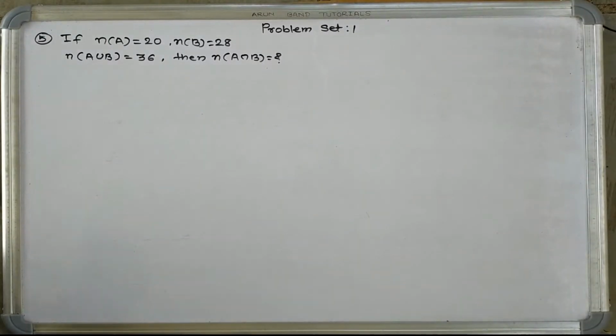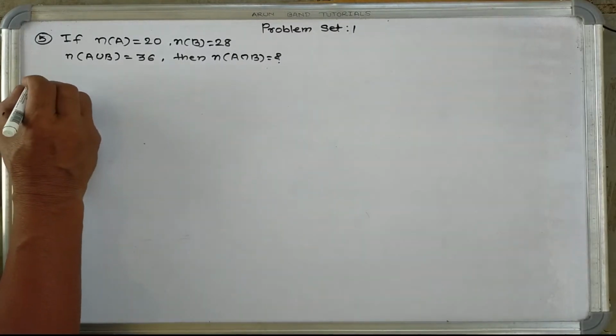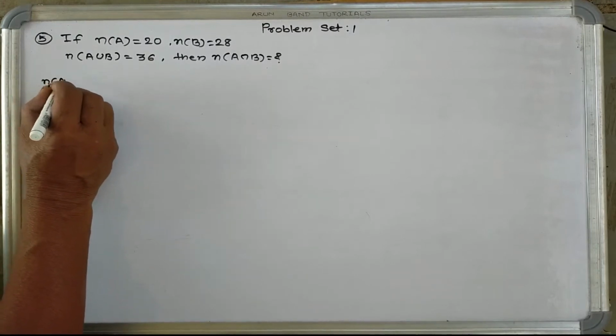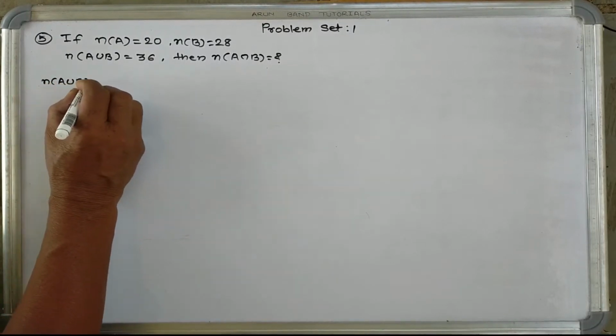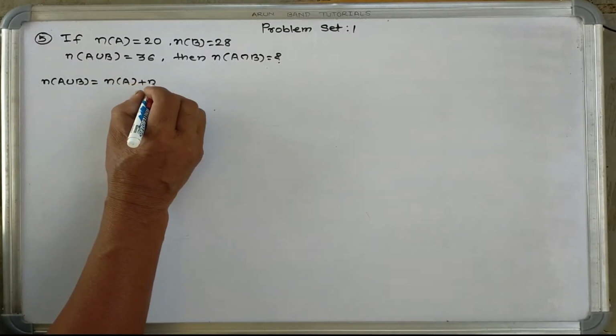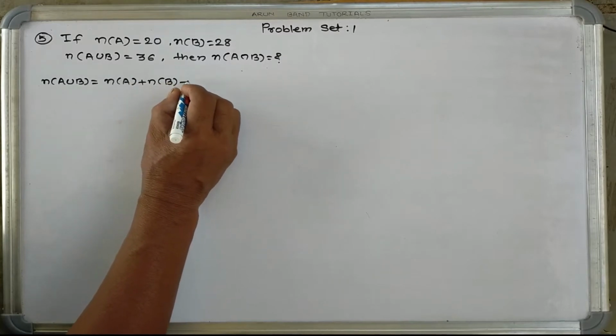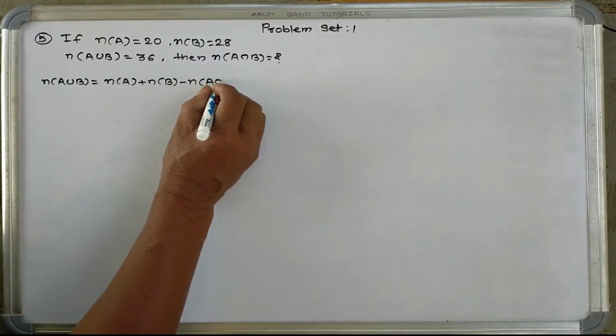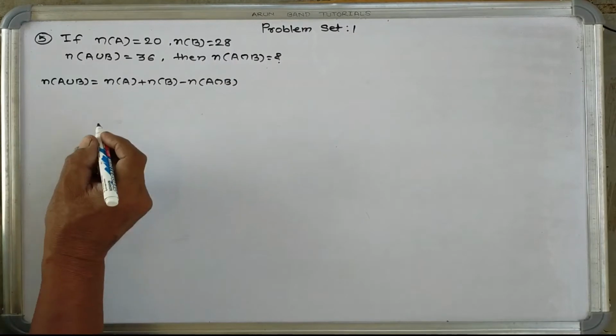Here in example 5 we are given n of A equal to 20, n of B equal to 28, n of A union B is given, that is 36, and we have to find out n of A intersection B. So write the formula. n of A union B equals n of A plus n of B minus n of A intersection B. Put the values.